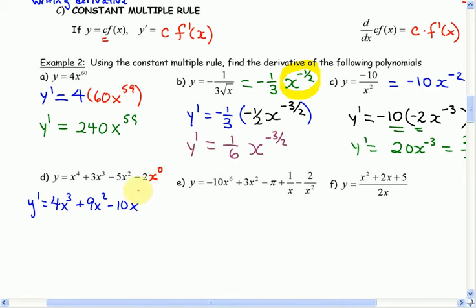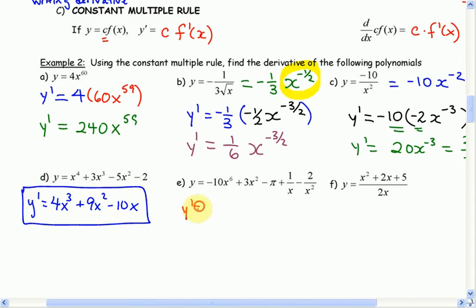Okay, so if you were to do it like this, you'd bring down the exponent, 0, reduce the exponent by 1. What's 2 times 0? Still 0, right? So, remember, the derivative of a constant is 0. There's your answer.